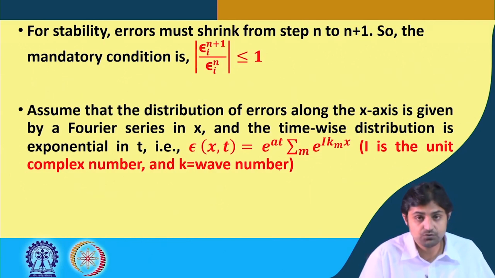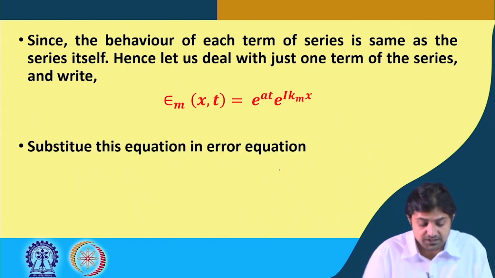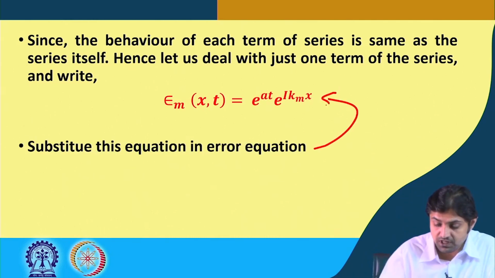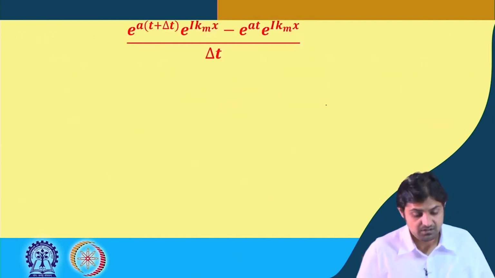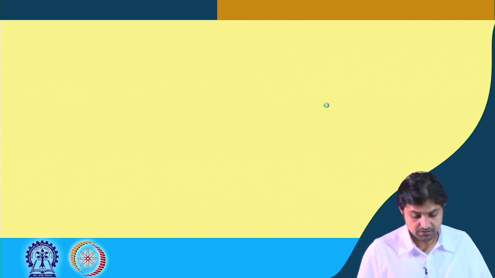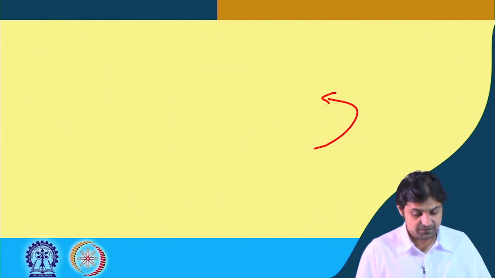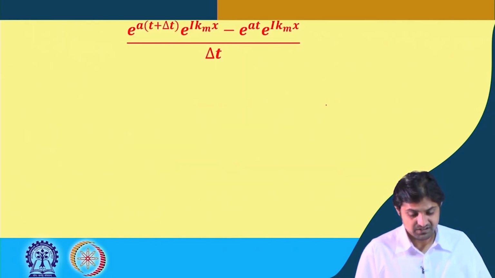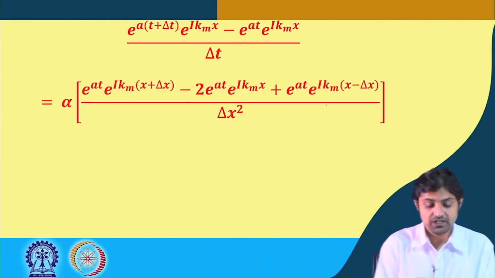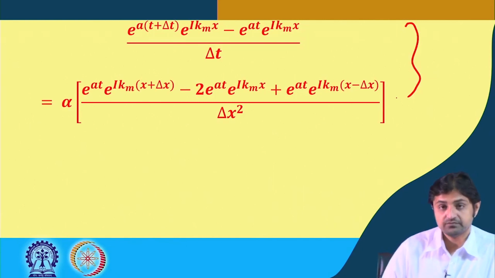So we use only one term, and we write epsilon(x, t) is e to the power a t times e to the power I k_m x. If we substitute this in the error equation that we had got, we are going to get a complex equation like this.